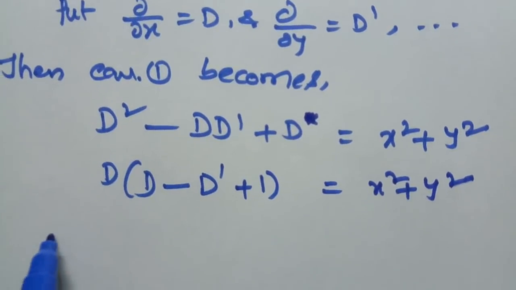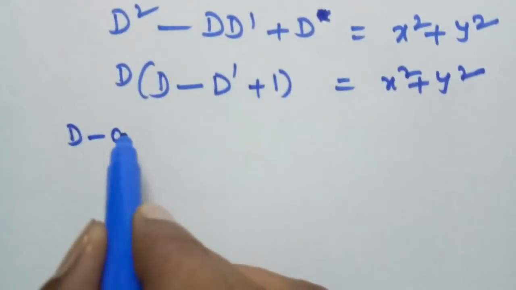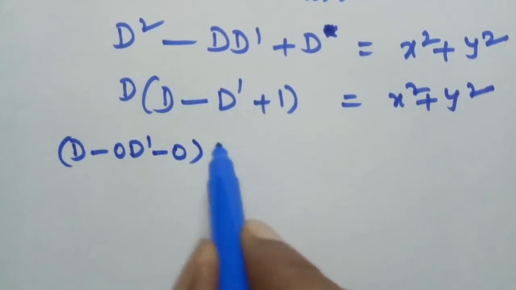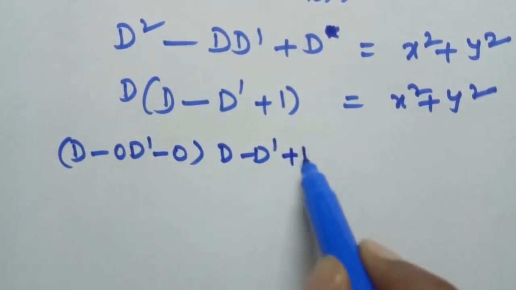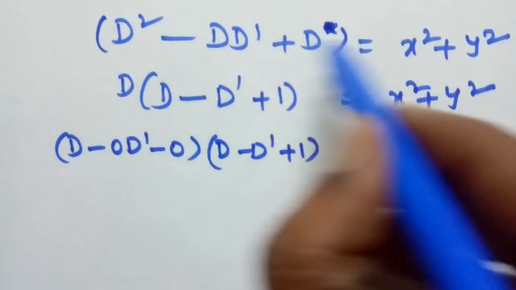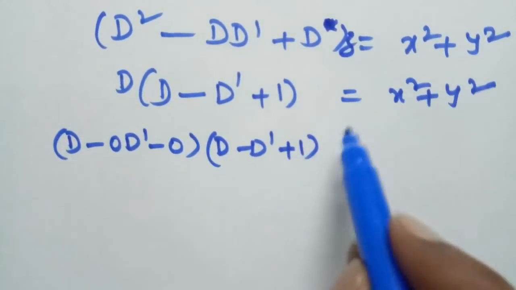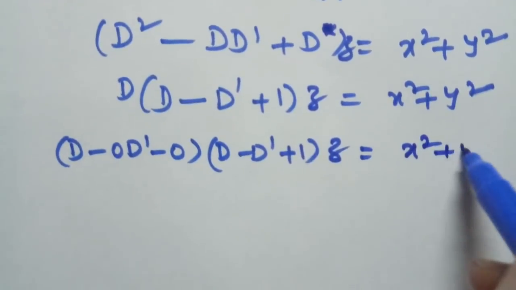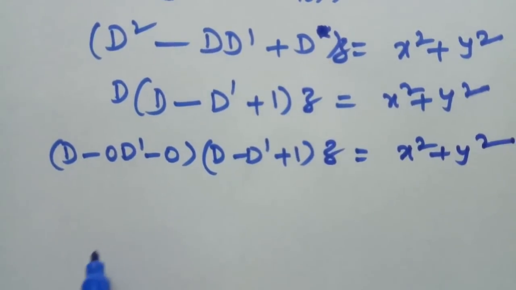Therefore this is of the form (D minus 0 D' minus 0) into (D minus D' plus 1) into z is equal to x squared plus y squared.